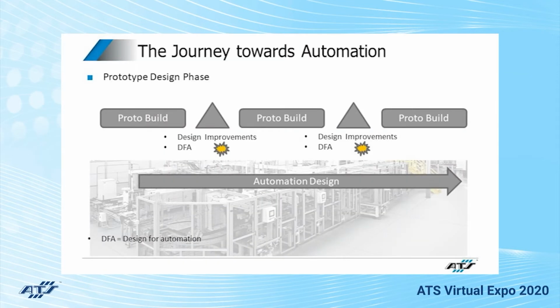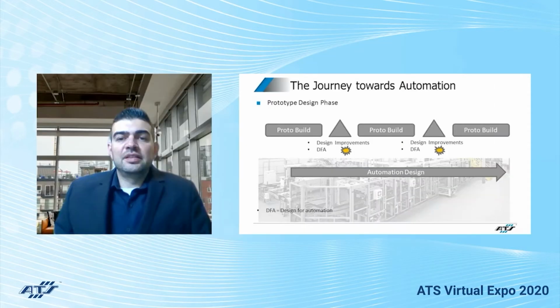Depending on the complexity of the product, the number of builds varies. However, between each set of builds, the design team will analyze what went well and what improvement opportunities there are, and they will make these changes to the design of the product for both functionality and aesthetics. These are perfect times to complete the DFA analysis, or design for automation. Of course, the automation design will continue in parallel with the proto builds.